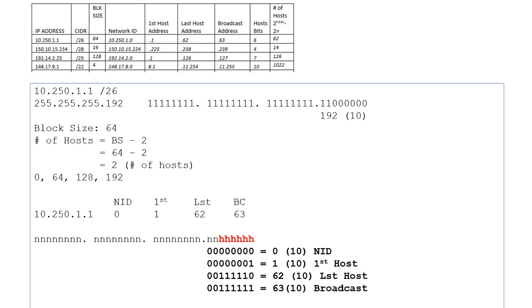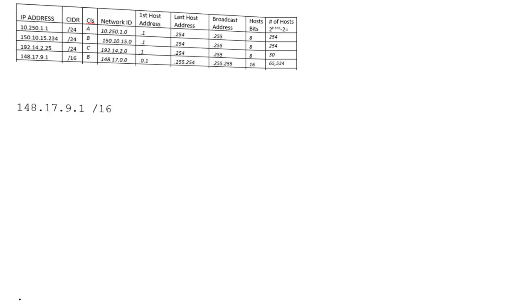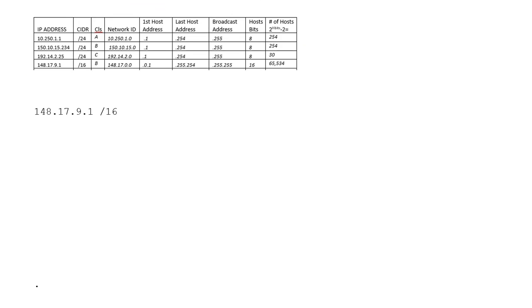Let's work through the next problem. I'm going to stop the tape and we're going to clean up some of this and we'll work on the next problem. So our next problem, we're looking at the IP address of 148.17.9.1. Now that is a host address, okay? However, the question is, we still need to figure out, this IP address belongs to a range of IP addresses, and that's what we're trying to figure out.